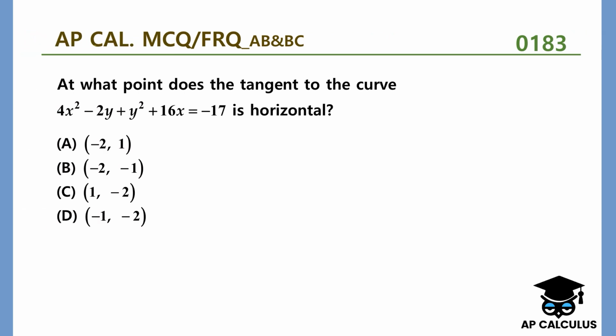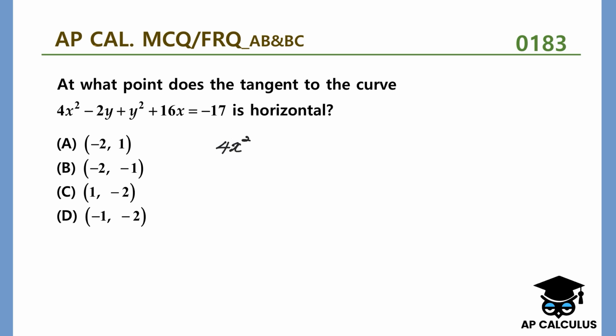Question 183. At what point is the tangent to this curve horizontal? If the tangent is horizontal to the curve, then the slope of the tangent line has to be equal to 0, right? So let's find the slope of this curve, which is dy over dx. So we're going to do implicit differentiation.